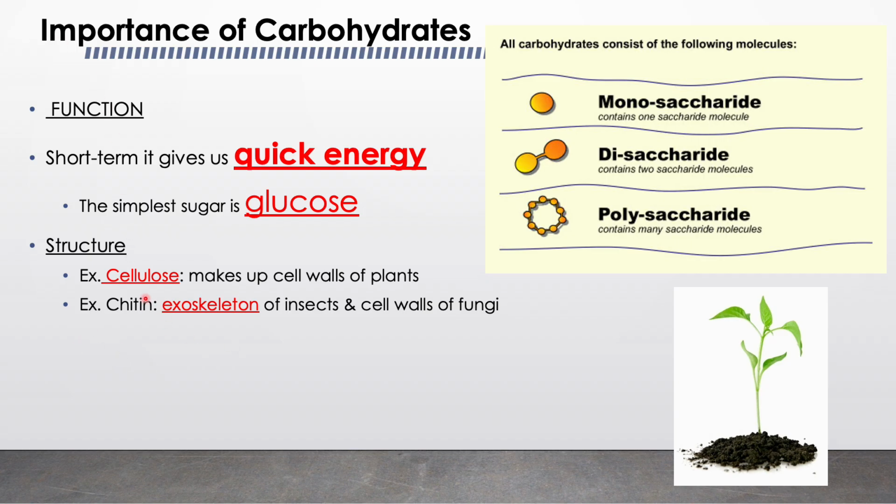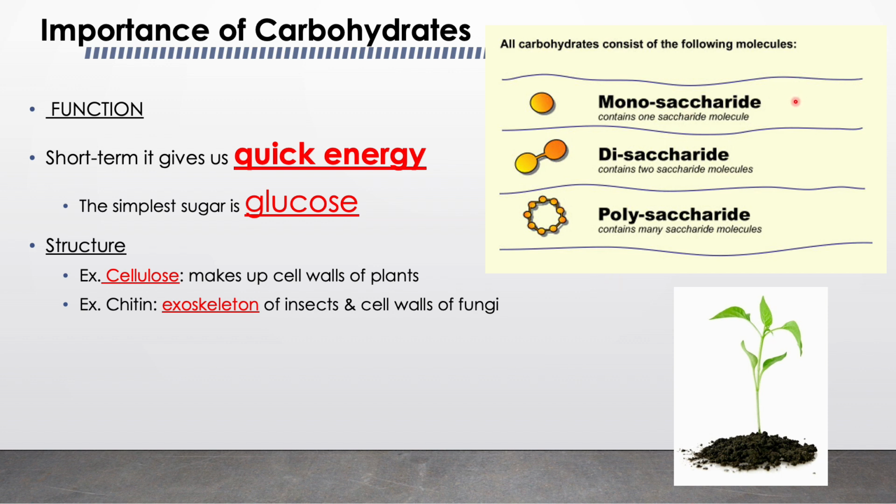For the structure, your cellulose is what's going to make up the cell walls of plants, and in our diet that would be considered the fiber that we eat. You can also find something called chitin, which makes up the exoskeleton of insects and the cell walls of fungi, and fungi are mushrooms.